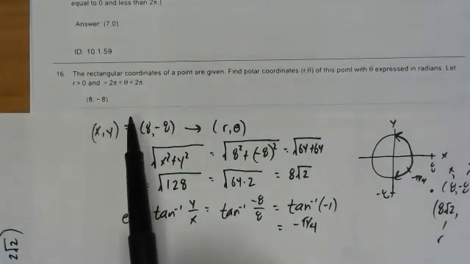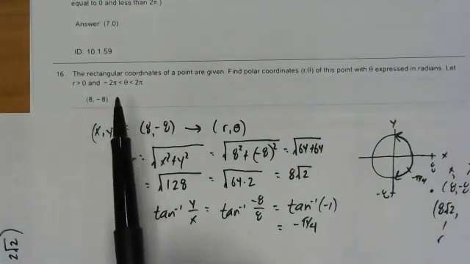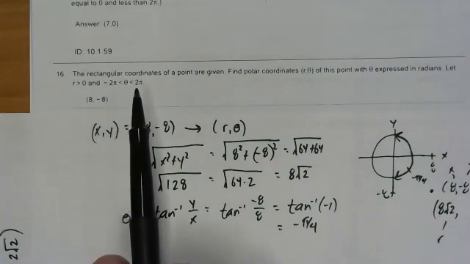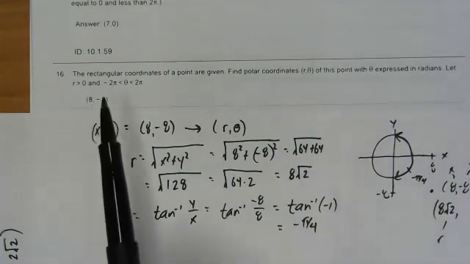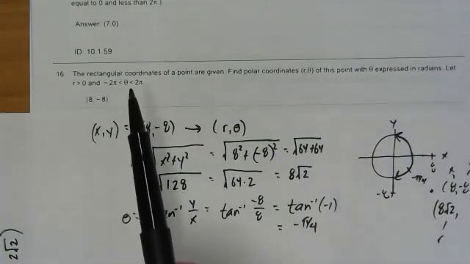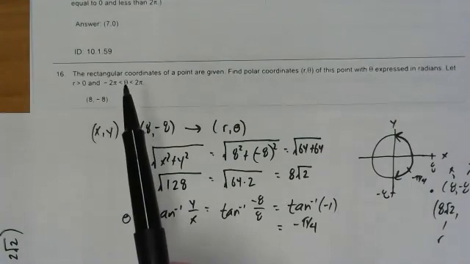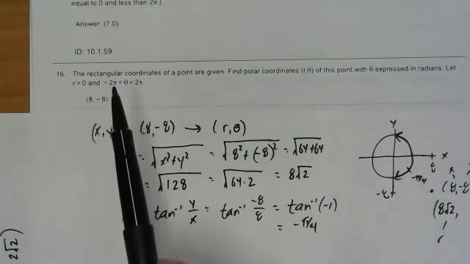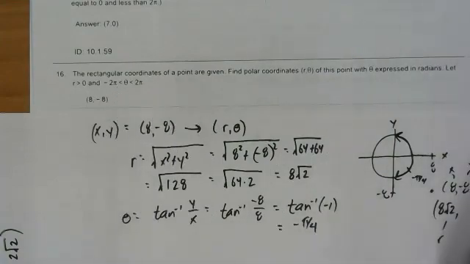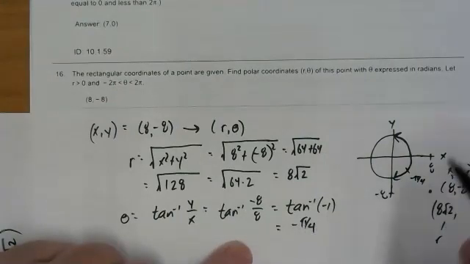However, in the instructions, find the polar coordinates, express in radians, let r be positive. And now here it says the angle can be between -2π and 2π. So if I read that correctly, you would think I can leave my angle as -π/4.